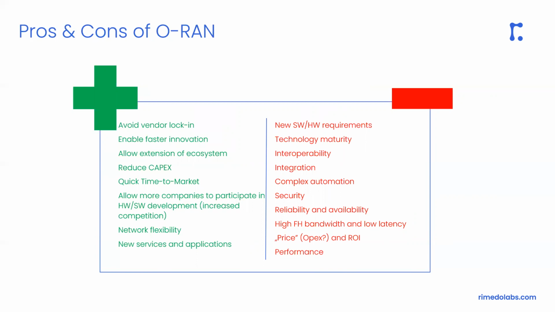Because of having different open interfaces, the possibility is that we will have, even in a single network, different companies or solutions from different vendors working together, enabling faster innovation by exposing the intelligence out of the closed entities of the base station.